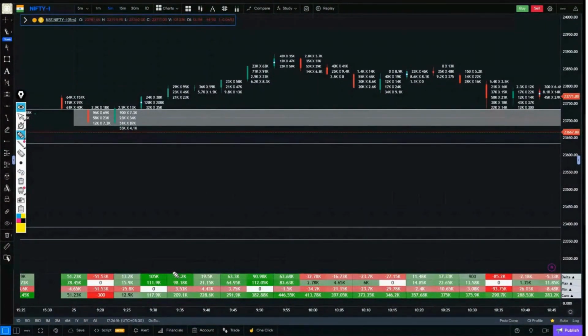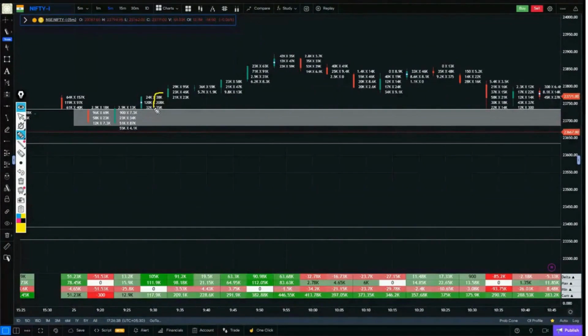Today, there is almost the largest positive delta of the day, around 100,000, which is a very large buying. A delta of 100,000 means that within this particular candle, there is a buying quantity of 100,000 more compared to sellers, indicating more buyers.